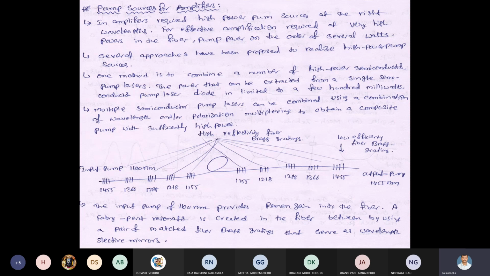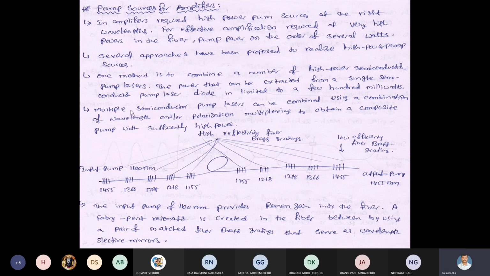If we go for a single pump laser, we get some gain. If two pump sources are connected serially, we get more gain than with the single pump source. That is, with a number of pump lasers connected serially, we get high gain and high power.